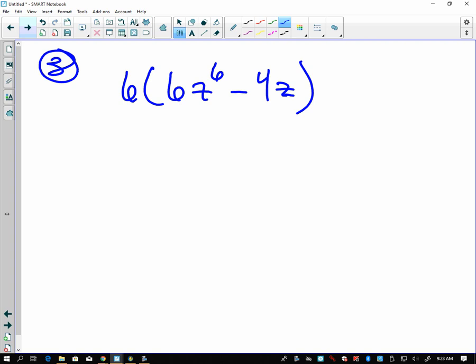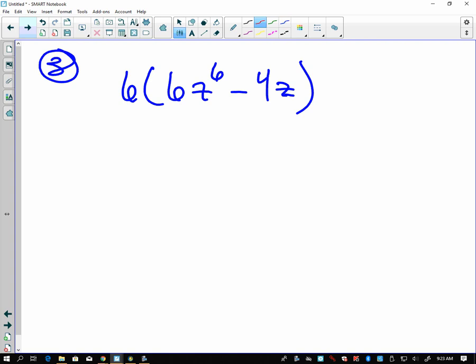The first thing I want to look at is, can I simplify inside the parentheses? Somebody says yes. Are they correct? Why can't I simplify inside the parentheses? Because the z's don't have the same exponents, as Reagan said.